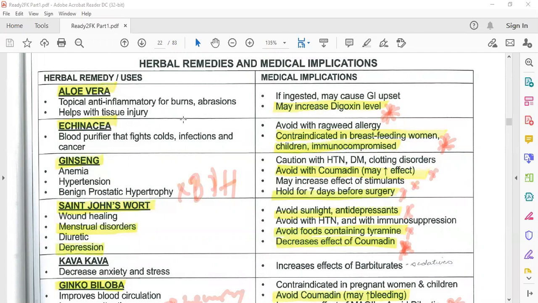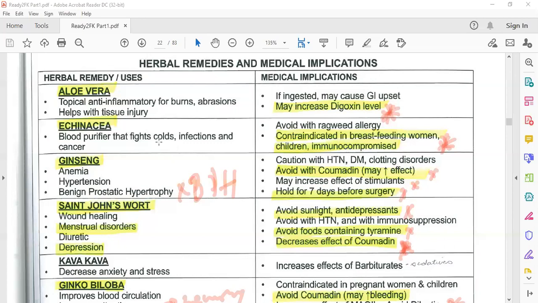The next herbal is called Echinacea. Echinacea is a blood purifier that fights against colds, infection, or cancer, right?